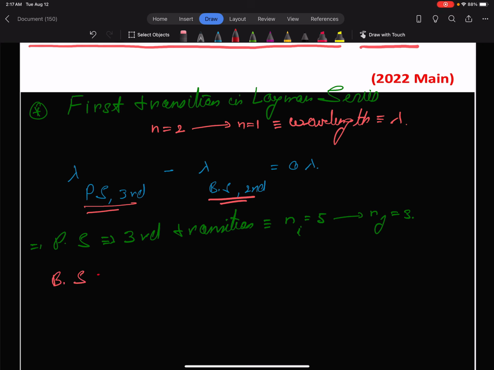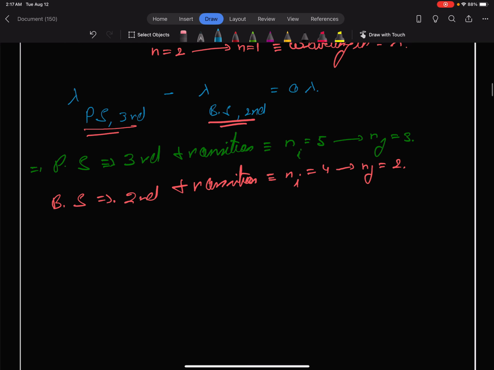For the Balmer series, it is given a second transition, and for this second transition, the initial value of n will be 4, and the final value of n will be equal to 2. Now we are going to use the Rydberg formula as per the given conditions.